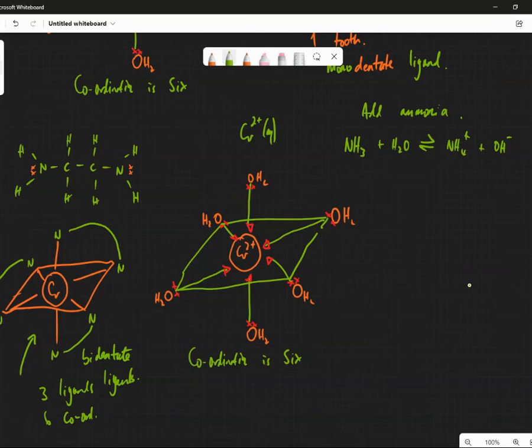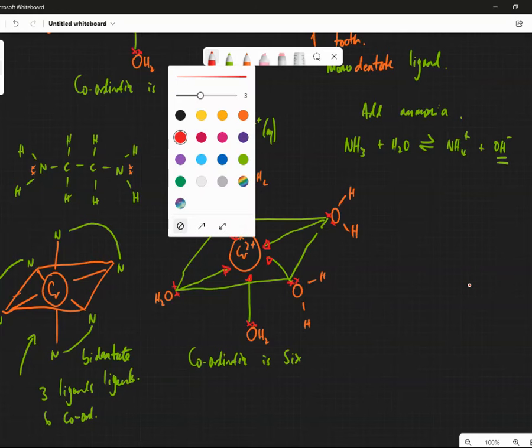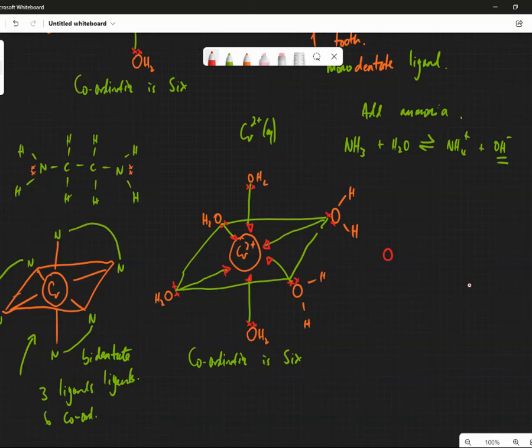Along comes an OH minus, and let me draw this a bit better. There's my water molecule here, and another water molecule here, and along comes my OH minus ion. So it's all about that guy. Here it comes, OH minus.